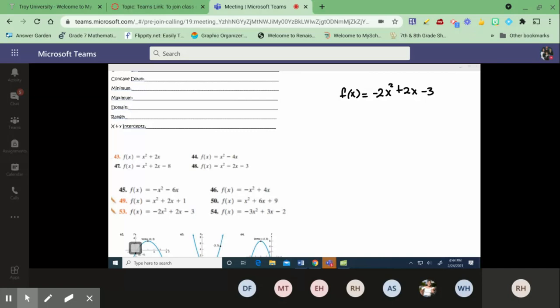And negative 2 is not a square number. So I'd have to factor that out. So that would start looking like negative 2 x squared plus x, and then I'm going to have that minus 3 over here. And I'm going to have to complete the square with a 1. So now I've got a fraction.